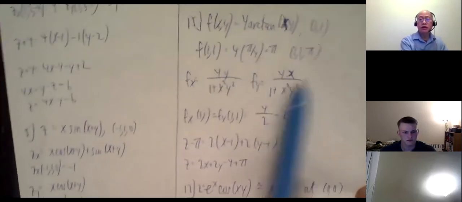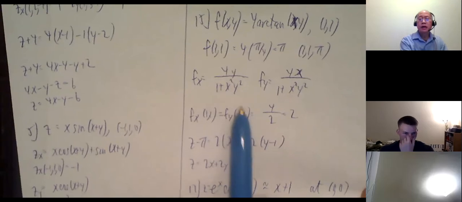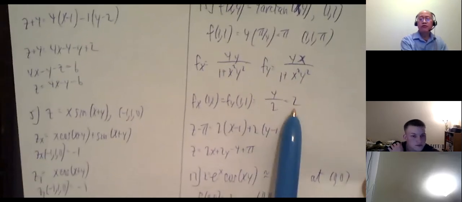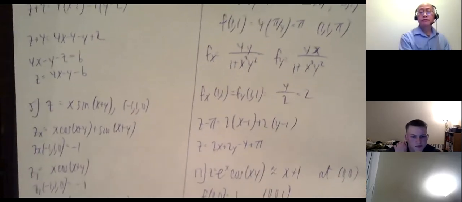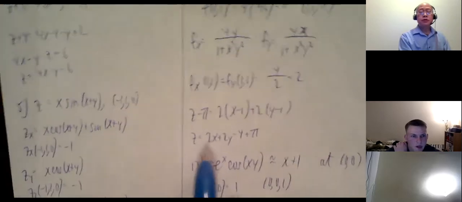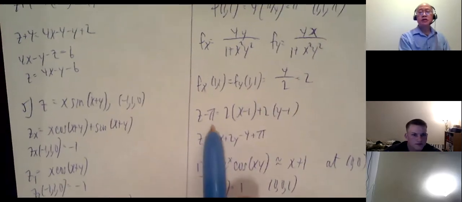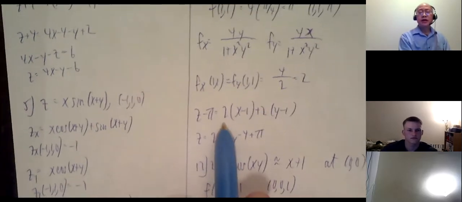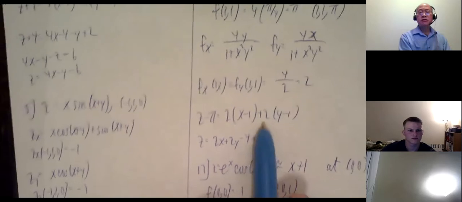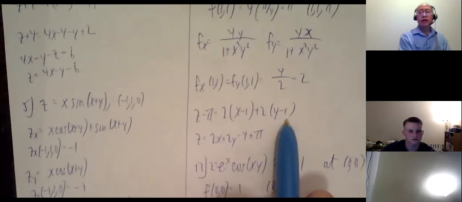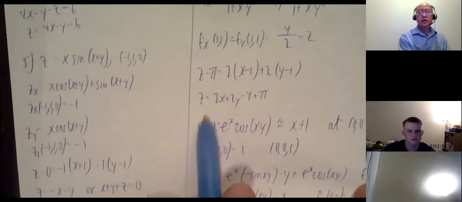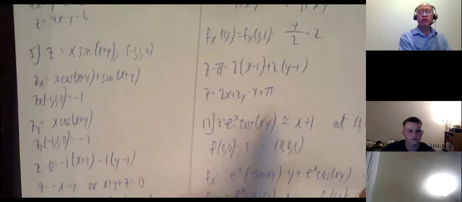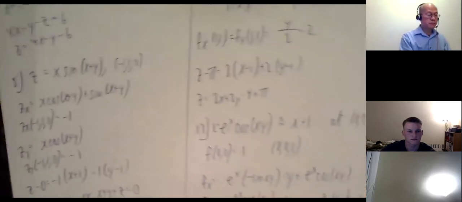So I plug in 1, 1, you're going to get the same thing. Plug in 1 there, 1 there. The numerator is 1, the denominator is going to be 2. So fx and fy are both 2. Throw it into the formula. z minus z0, z minus pi is fx, x minus x0, plus fy, y minus y0. Clean it up. z equals 2x plus 2y minus 4 plus pi.